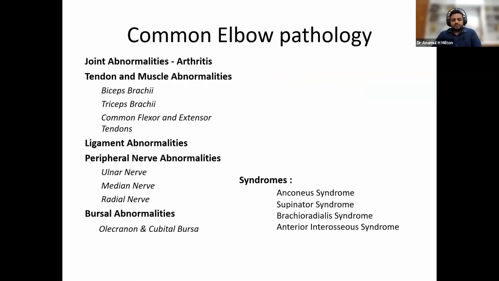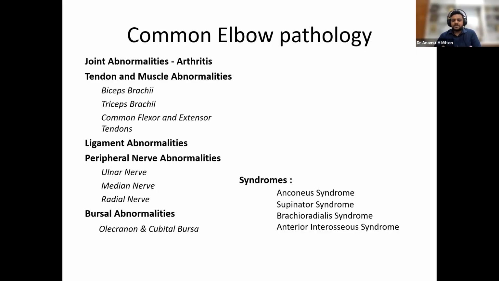So before starting our main class, we will discuss these topics: the joint abnormalities, tendon and muscle abnormalities, like the distal biceps, brachialis insertion areas, triceps insertion areas, common flexor and extensor tendons, and some ligaments like the medial collateral ligament complex and the lateral collateral ligament, and some peripheral nerve abnormalities like the ulnar nerve, median nerve, radial nerve, and others.